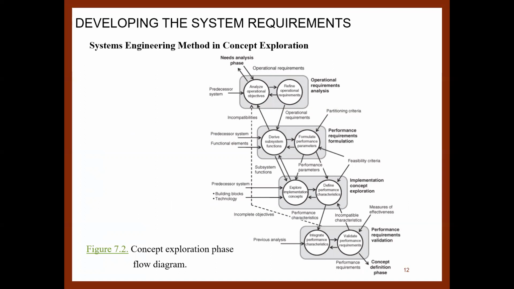So you see at the top, you have the needs analysis phase, which is what we transition from. And then we go through the 4 steps, right? The operational requirement analysis, the performance requirements formulation, implementation concept exploration, and performance requirement validation within the concept exploration. So this is a good diagram in terms of highlighting the most important aspects of the systems engineering method in this particular phase of the system lifecycle model.